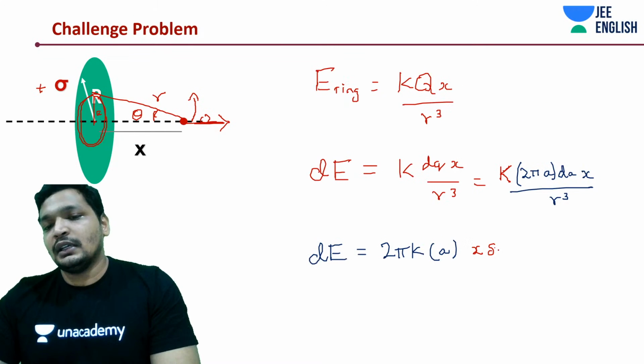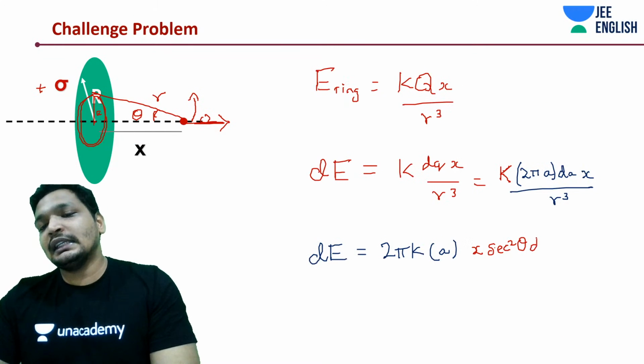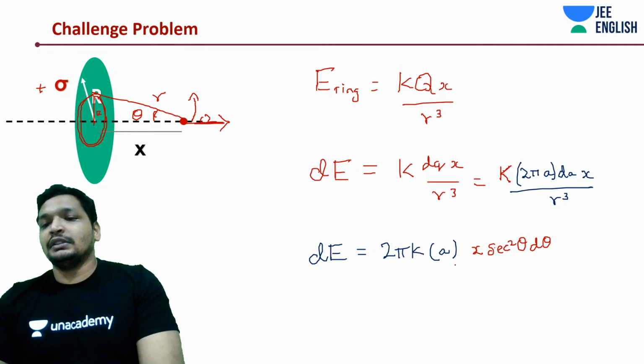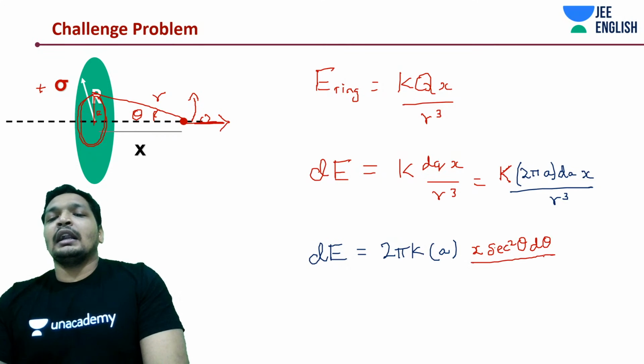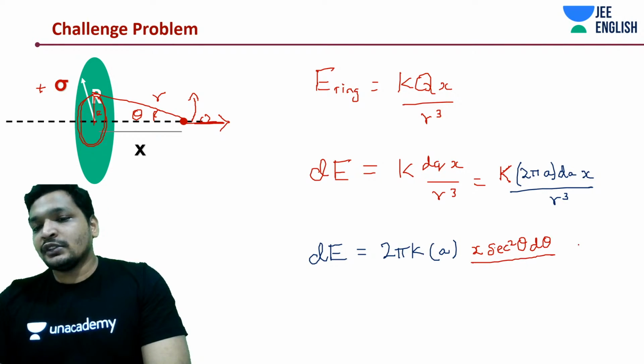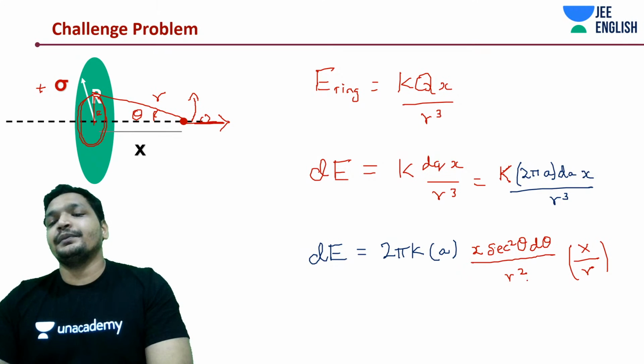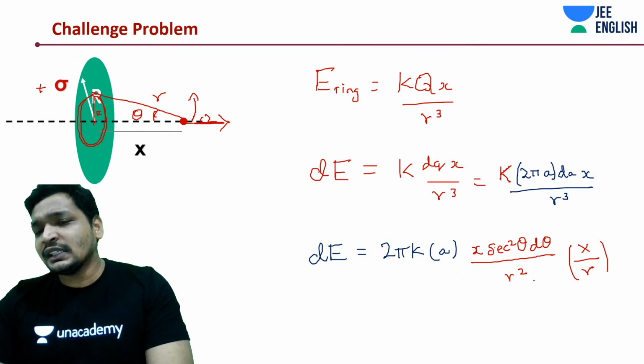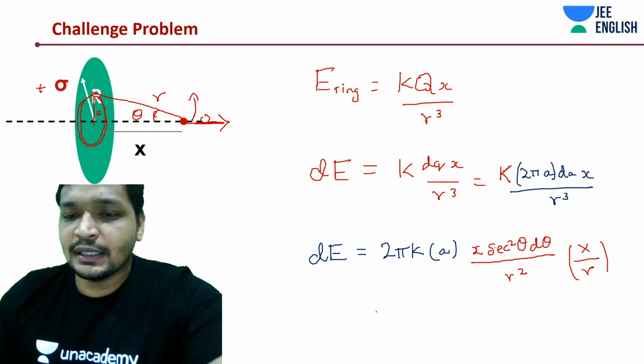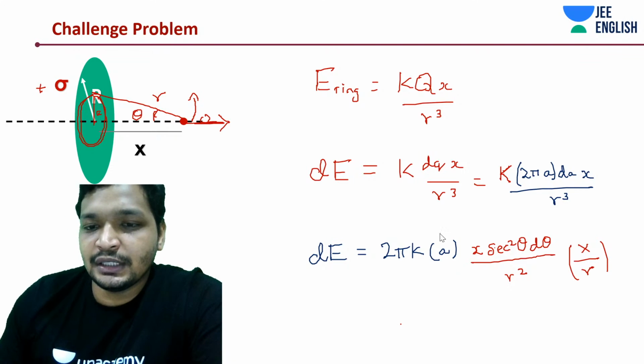I'm going to split this in two parts: x by r, I'll tell you why, and the other one is r square. What was r square? x square. Let's complete this part of the calculation, then move on to the next page.